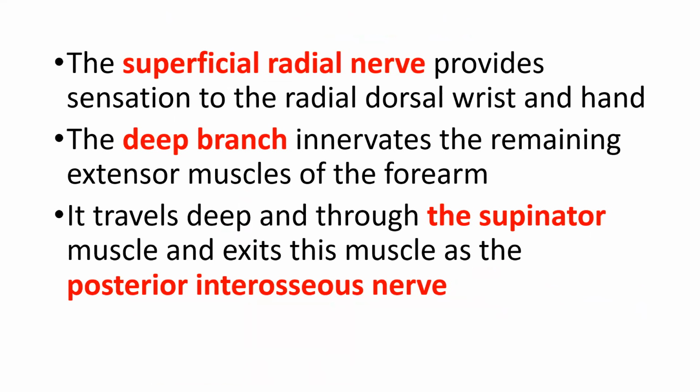The superficial radial nerve provides sensation to the radial dorsal wrist and hand. The deep branch innervates the remaining extensor muscles of the forearm. It travels deep and through the supinator muscle and exits this muscle as the posterior interosseous nerve.